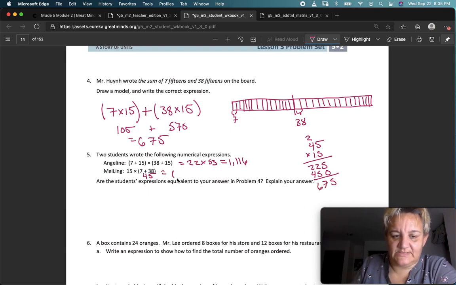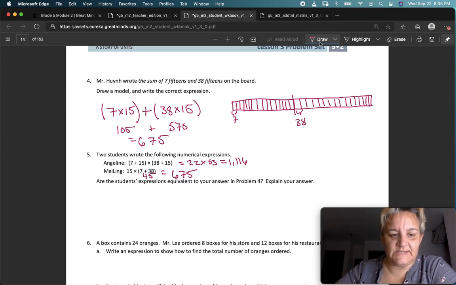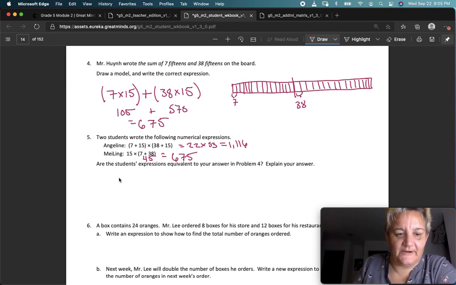And that one equals 675, which is what we found, was our answer, right? Again, I'm erasing my work, but I like to see yours. So, are the students' expressions equivalent to your answer in problem number 4? Angeline got a different answer.